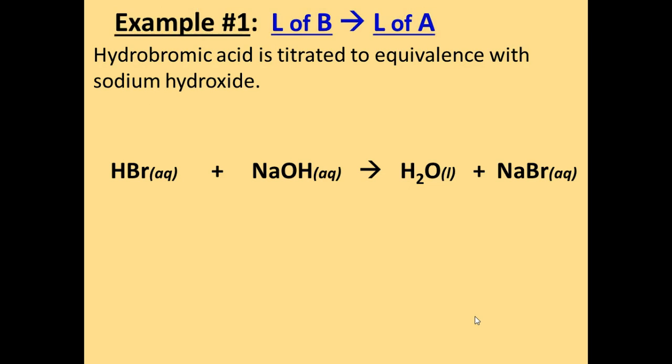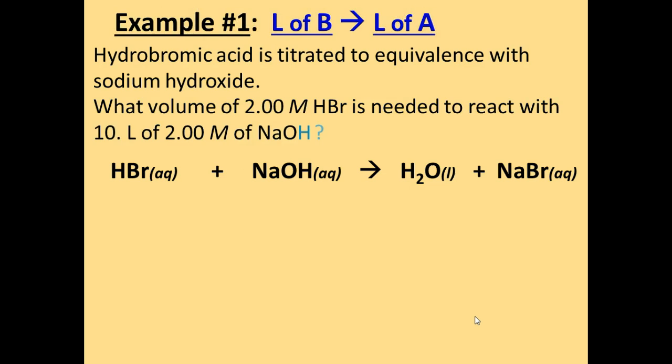Hydrobromic acid is titrated to equivalence with sodium hydroxide. So what volume of 2 molar HBr is needed to react with 10 liters of 2 molar NaOH to get neutralized? What is the volume? And so here we have to first take out what we have.